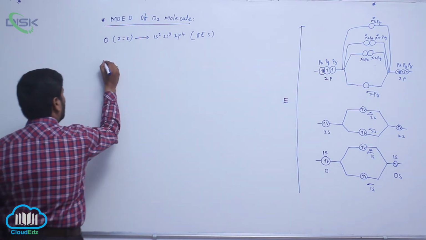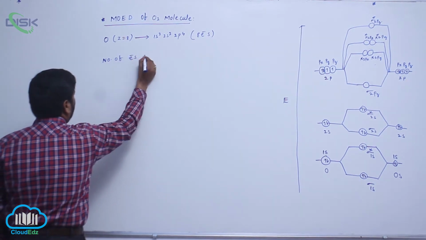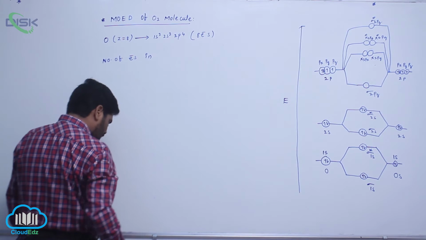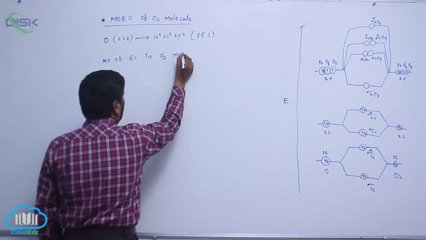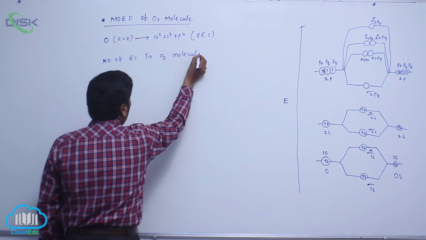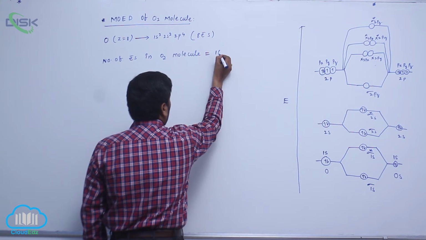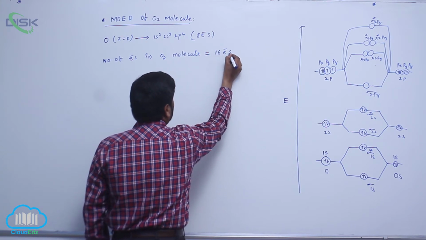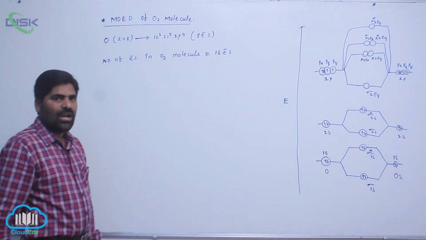Next one is number of electrons in O2 molecule according to molecular orbital theory equals 16 electrons, because each oxygen contains 8 electrons, so total 16 electron system.